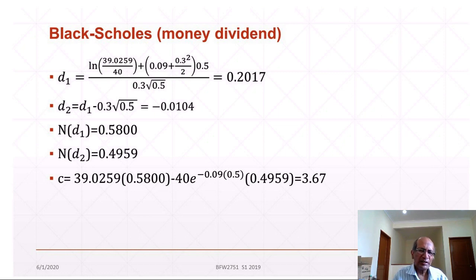What is different here is only S0, which is adjusted for the dividend. The rest of the equation is the same, and d2 is calculated as before.